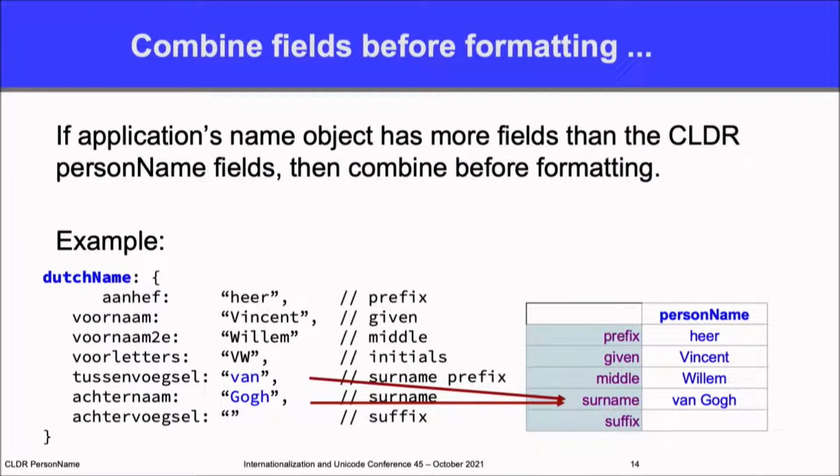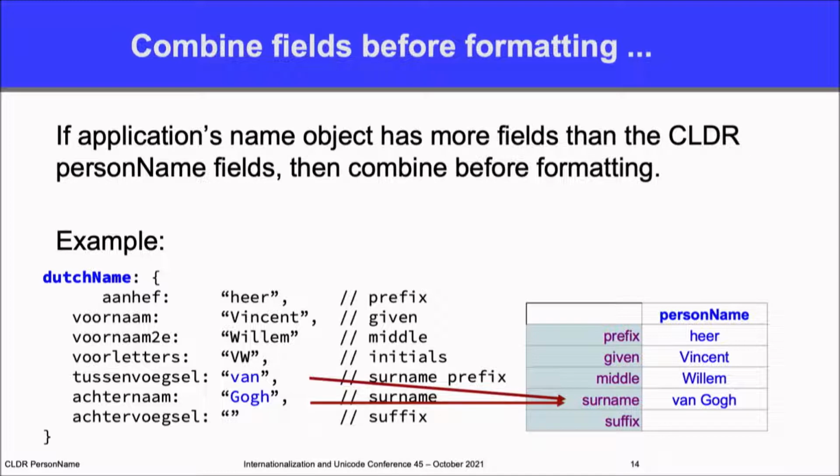If you have more elements than there are available fields, your application will be responsible at this point to combine them correctly. For instance, the Dutch case where you have Vincent van Gogh in a Dutch database, van and Gogh would be two different columns in the database, but you would combine those to then present them as Van Gogh, if that's how you want to do the formatting, and that would be formatted according to the surnames.